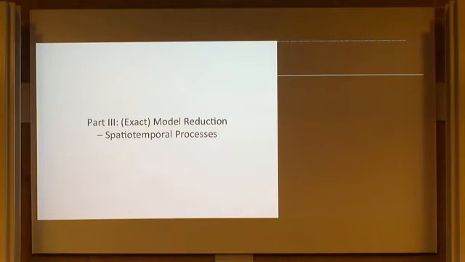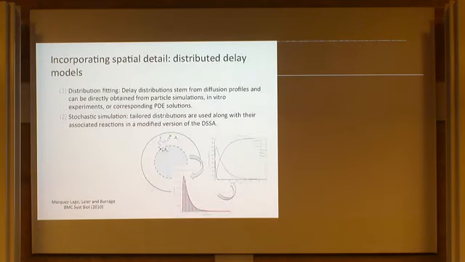Now, in part 3, I briefly extend this to spatiotemporal processes. This is work that Kevin, Tatjana, and I did some years ago, and it appeared in BMC Systems Biology. So the idea is that we obtain the delay distribution, perhaps from single cell experiments.